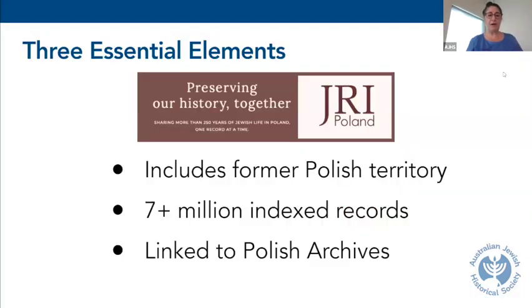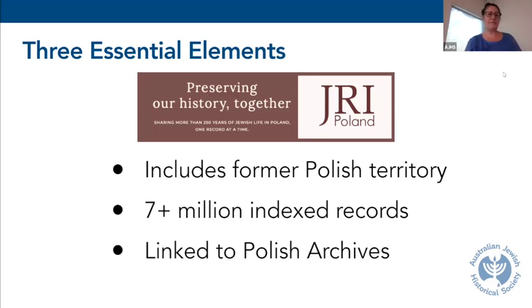So JRI-Poland is specifically focused on Polish territory, but this includes former Polish territory. So it could be areas of Prussia, it could be areas of Galicia. These are provinces that don't exist anymore, that were part of the Austro-Hungarian Empire or the German Empire, but they're territories that don't exist in modern geography, but obviously they exist in historical geography.